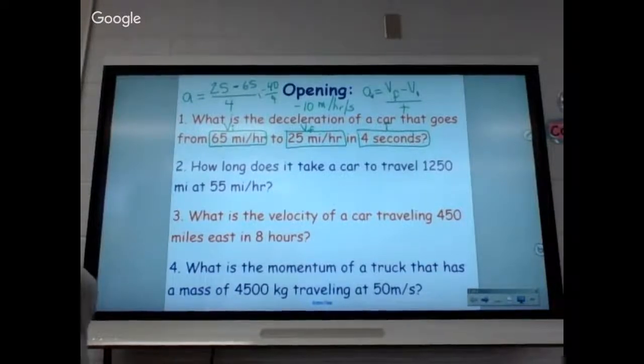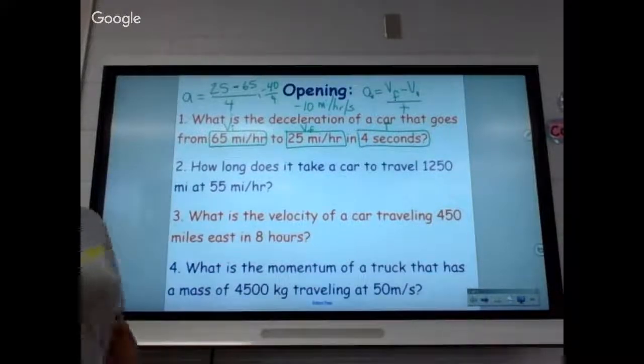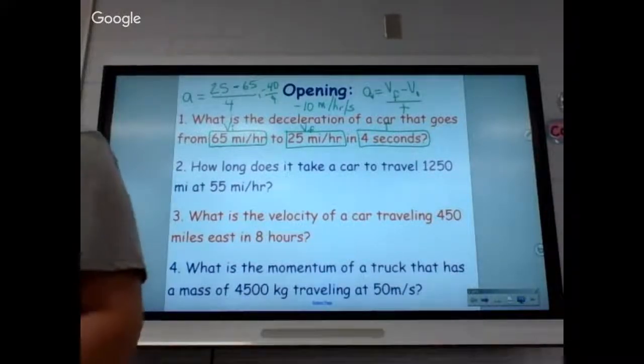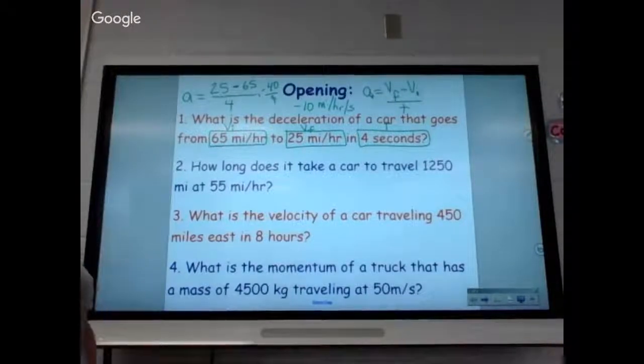Now, number 2, how long does it take for a car to travel 1,250 miles at 55 miles per hour? All right, Nathan, what formula would we use here? What do you think if that's your test question tomorrow? If you had to pick a formula, which one would you lean towards on the test tomorrow?